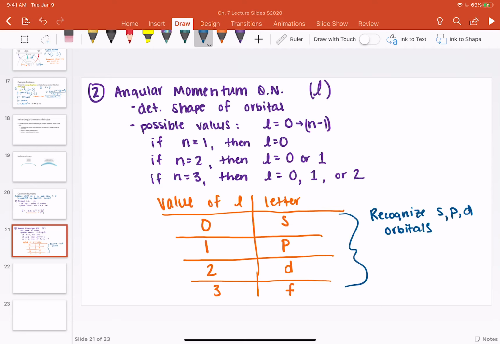I'm not going to test you on f orbitals. If it's not one of the s, p, or d orbitals and it shows up in a homework assignment, assume it is an f orbital, because again, we're not going any further than that, and I don't need you to be able to recognize f's. I just need you to be able to recognize s's, p's, and d's.